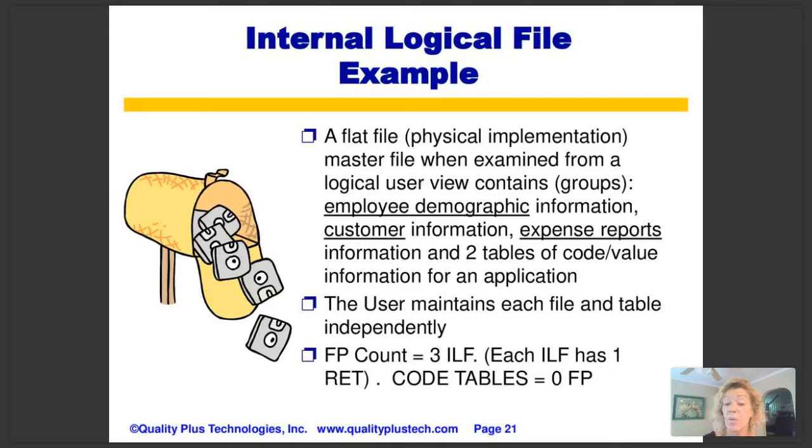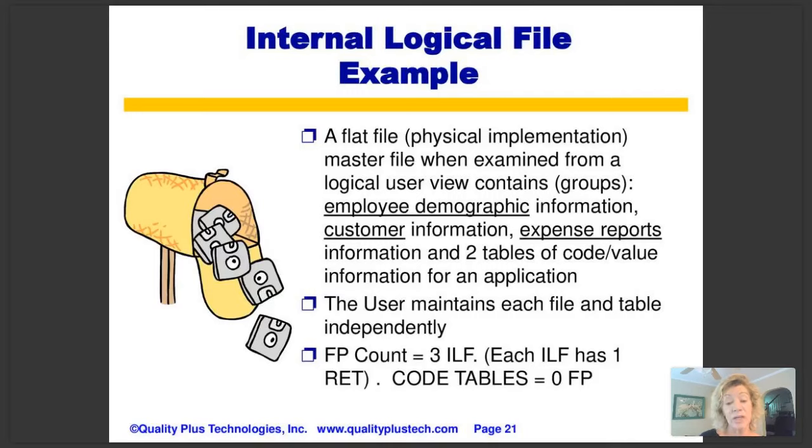So I would count one ILF for the employee information, one ILF for the customer information, one ILF for the expense report information. These are maintained. That's important. But the code tables have 0 function points, so those do not count.